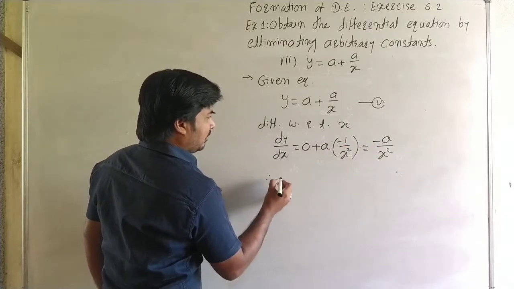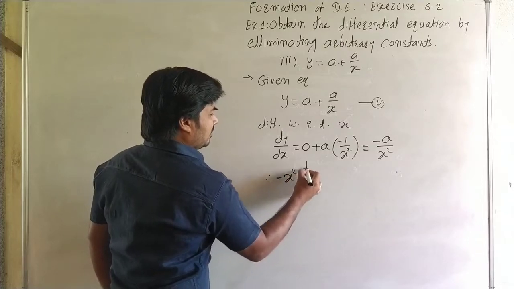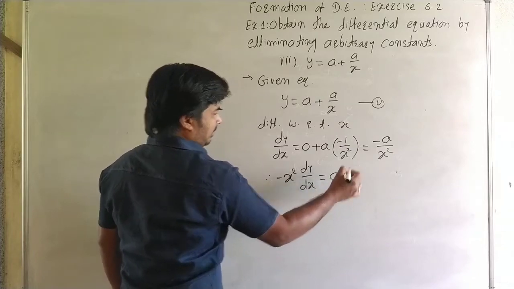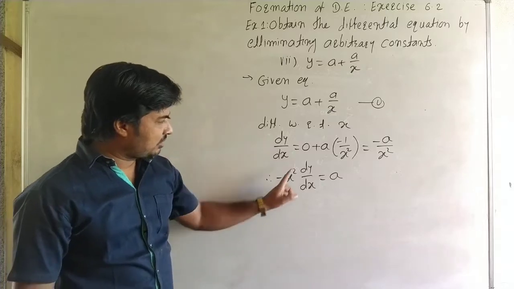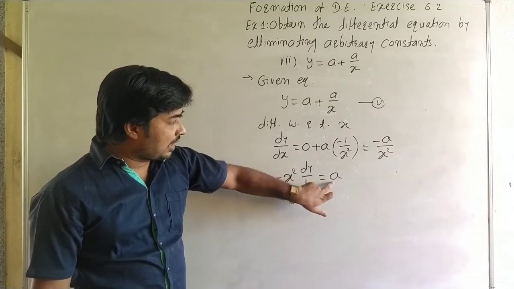Therefore the value of a is minus x square dy by dx. Here it is the value of the arbitrary constant.